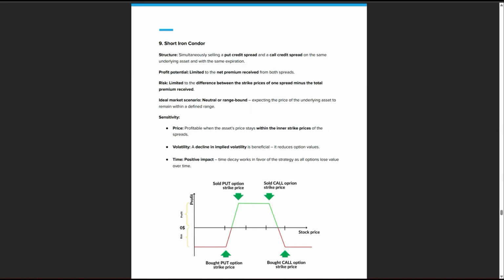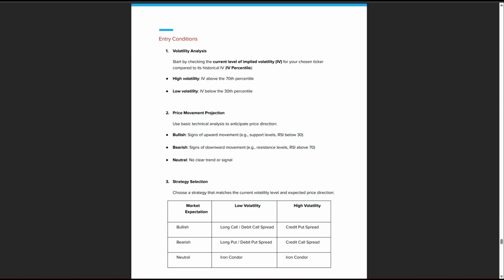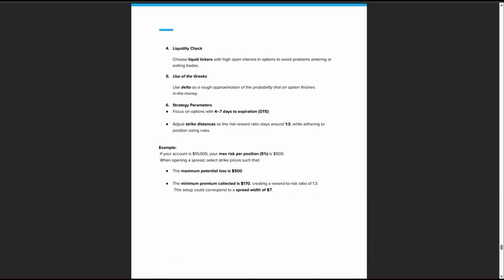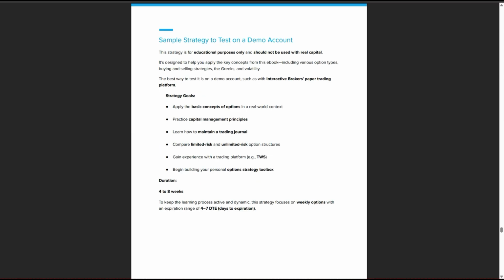The goal of this strategy is to help you become familiar with the decision-making process, build habits around regular account management, practice opening and closing positions, and learn to track your trades in a trading journal. Let me emphasize, this strategy is intended exclusively for a demo account. It should not be used on a live account.